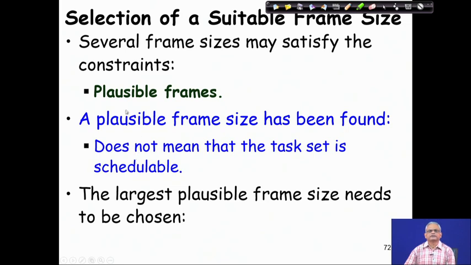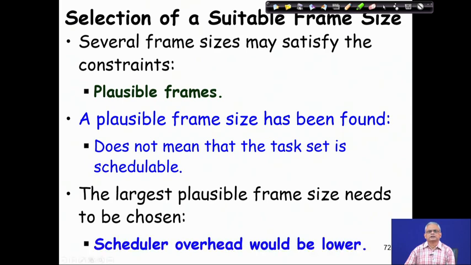So, we have to be careful here. All plausible frame sizes may not be acceptable, we will see through some examples, and then we find the frame sizes which can be used, and then we choose the largest of those, because that will minimize the overhead due to the scheduler.